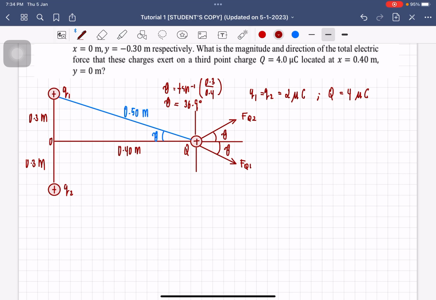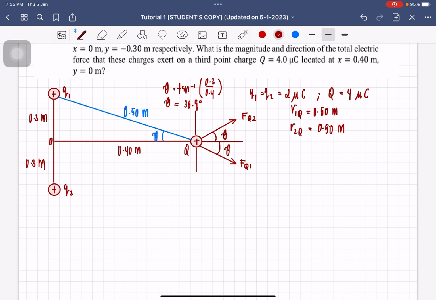I'm just going to write it down at the side here. R1Q is equal to 0.5 meter. R2Q is equal to 0.5 meter as well, since this is a triangle. They have the same distance.